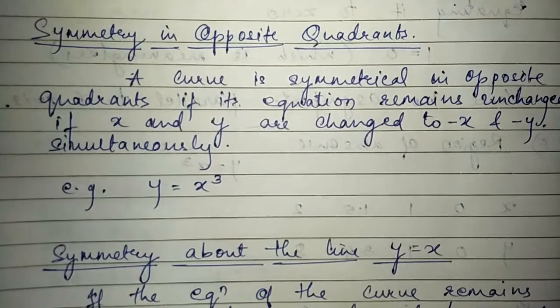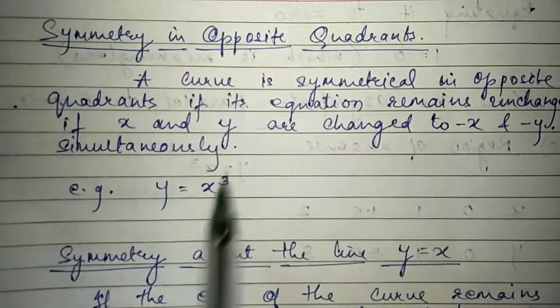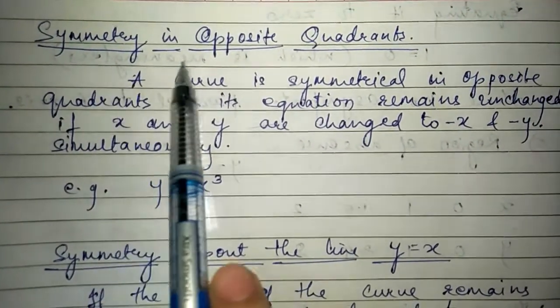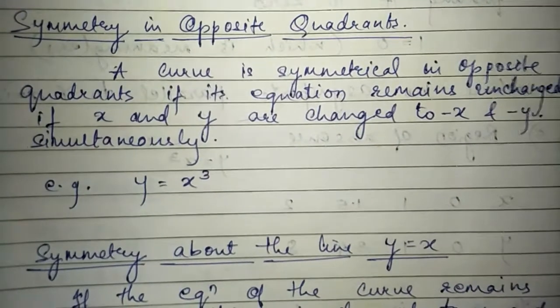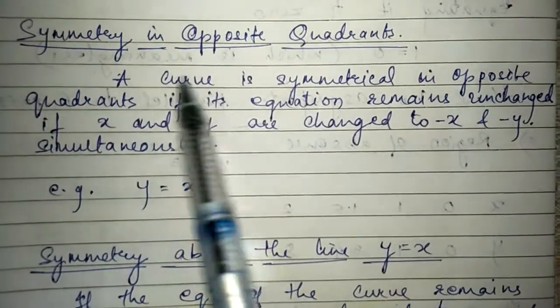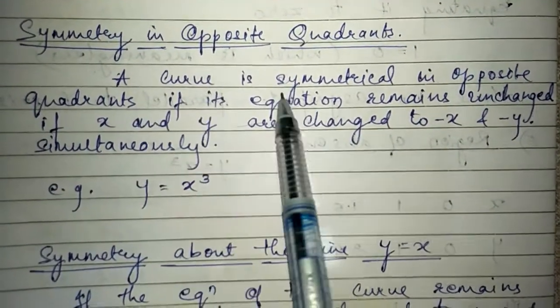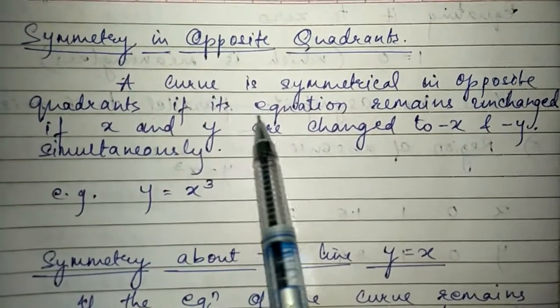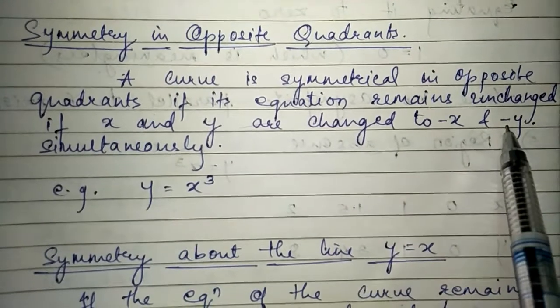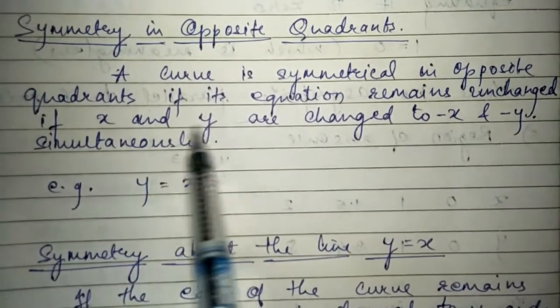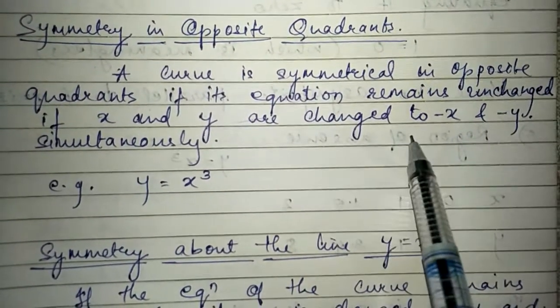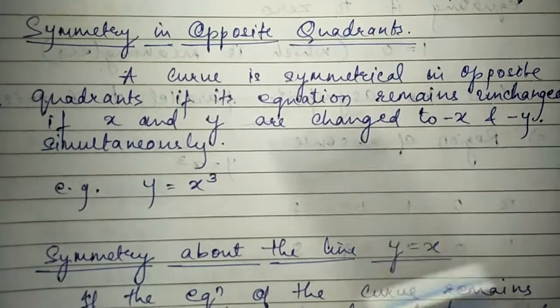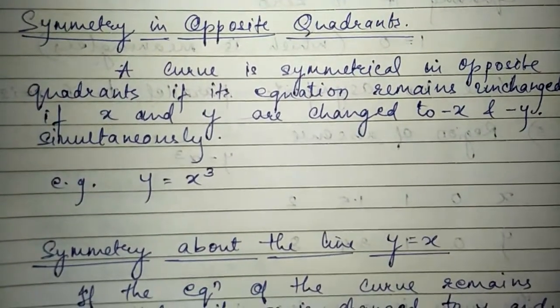Then we have to check the following points. We have to check the symmetry of the curve in opposite quadrants. How to check it? A curve is said to be symmetrical in opposite quadrants if its equation remains unchanged when x and y are changed to minus x and minus y simultaneously.